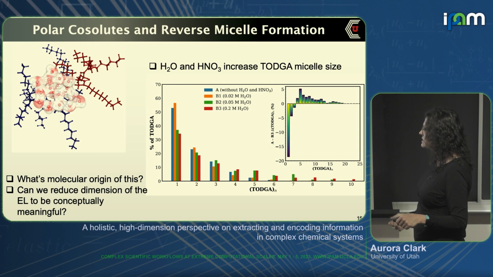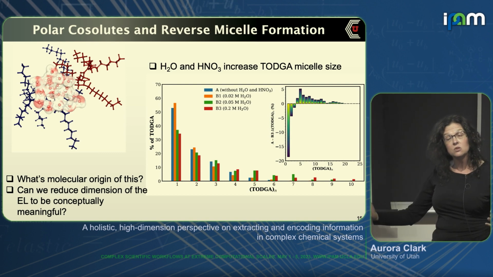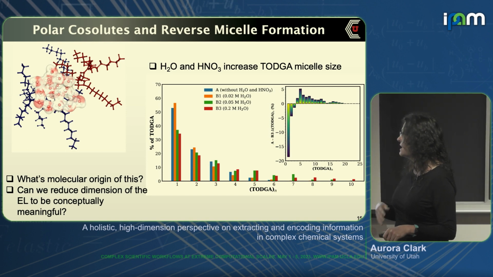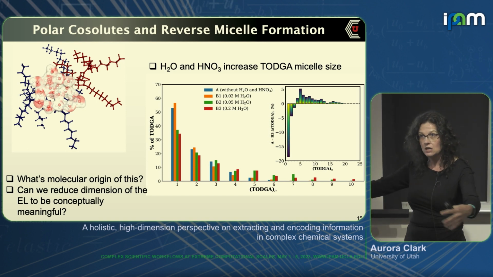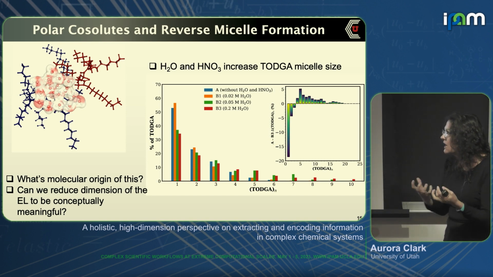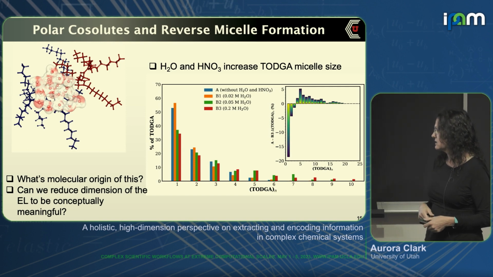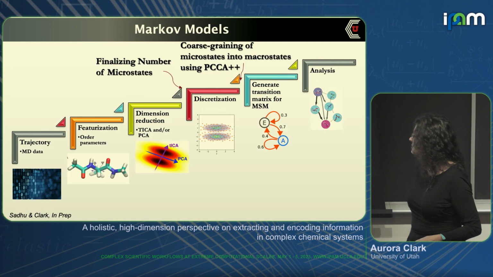And so the question is, what's the molecular origin of this change in micelle size in the microemulsion? And can we reduce the dimensionality of the energy landscape associated with whatever the underlying physics is that's leading to these changes in micelle sizes to be conceptually meaningful?